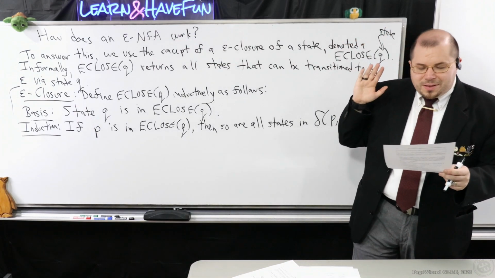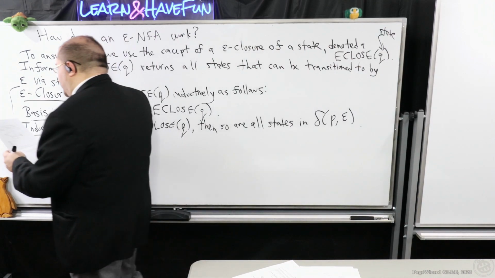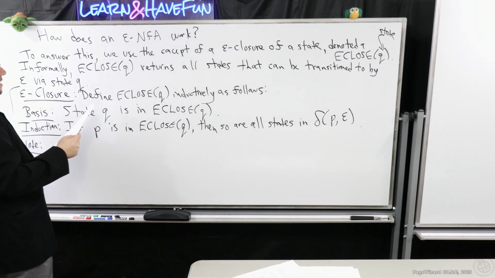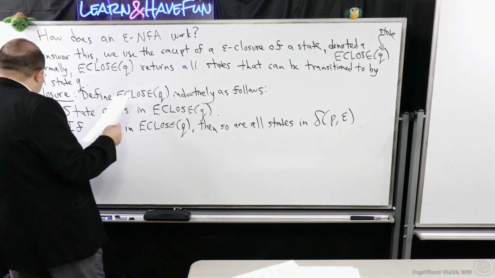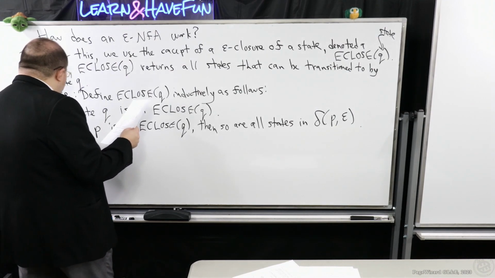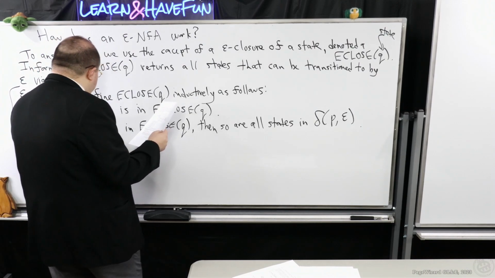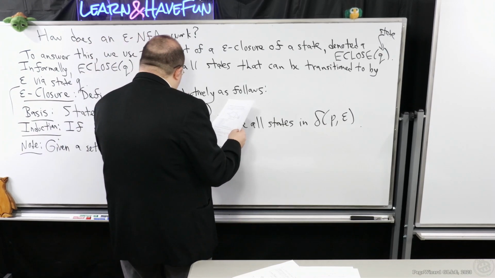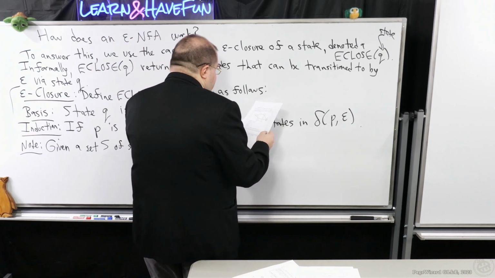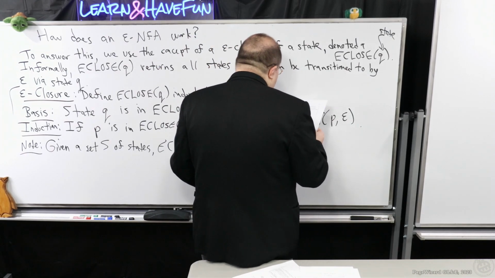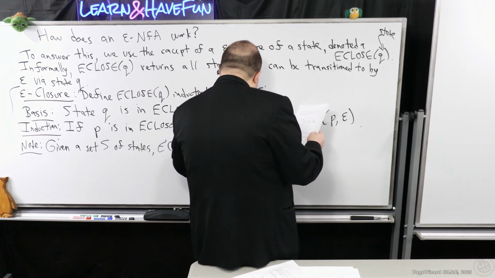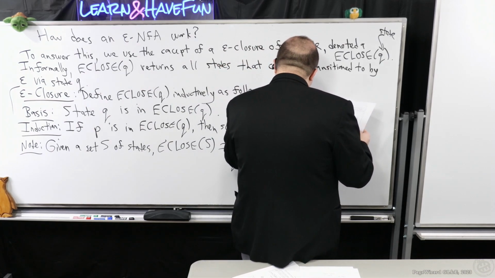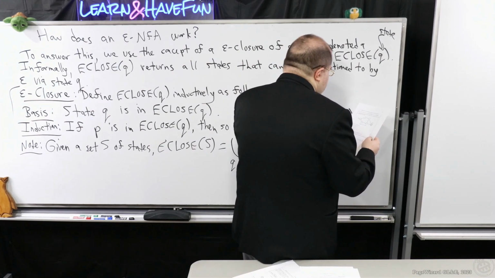One other detail I want to add, just as a note: we can also define eClose on a set of states. Given a set S of states, eClose of S is simply the union of all the resulting epsilon closures on the states within this set.